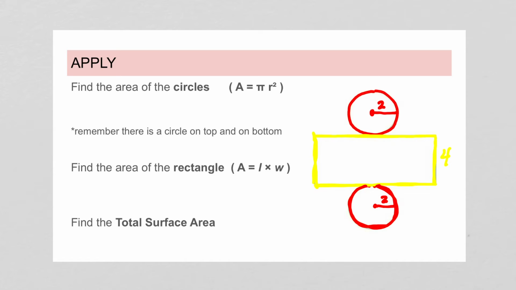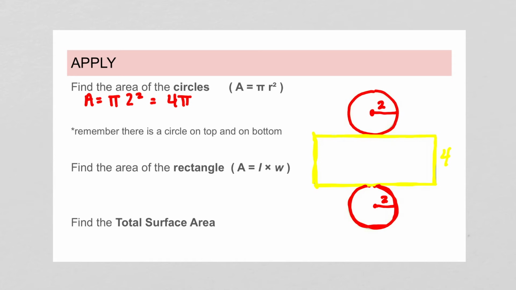Okay, let's find the area of the circles. Well, area is pi r squared. So area is pi times 2 squared, which is the same thing as 4 times pi. Let's just leave it like that right now, because we're going to have to end up rounding in the end, because pi is not a nice, neat, clean number.